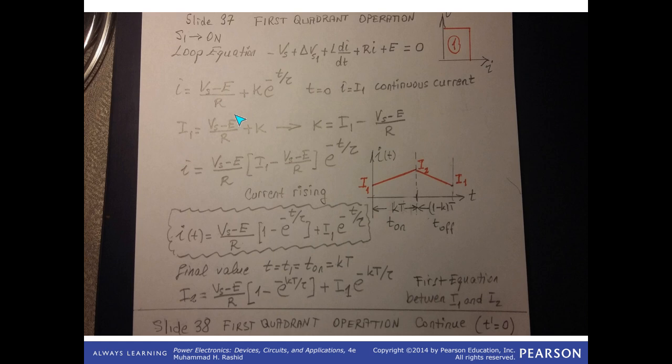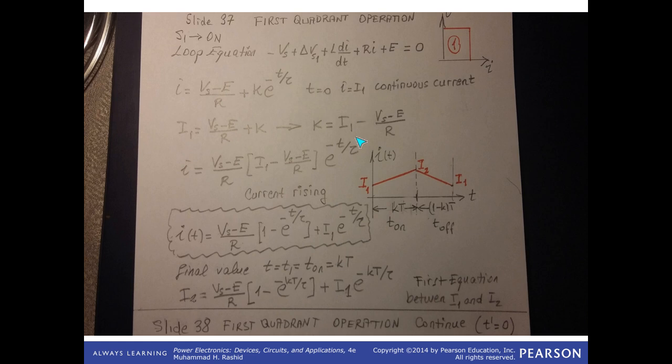If I enlarge it more, is it clearer? Yes. Vs minus E over R plus K. This is the steady state solution, and this one is the transient solution. Current is rising, but we assume that we are in the continuous current mode. Therefore, at time equals 0, current is equal to I1.